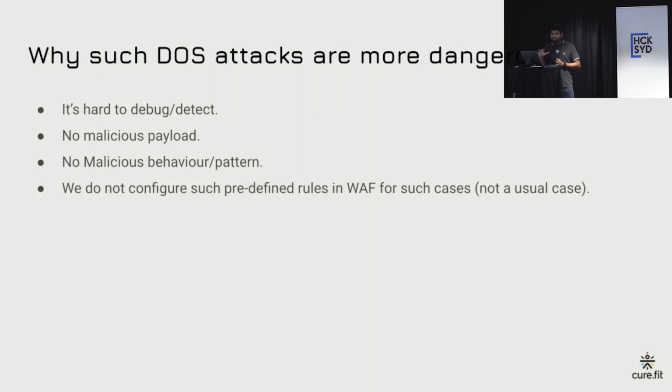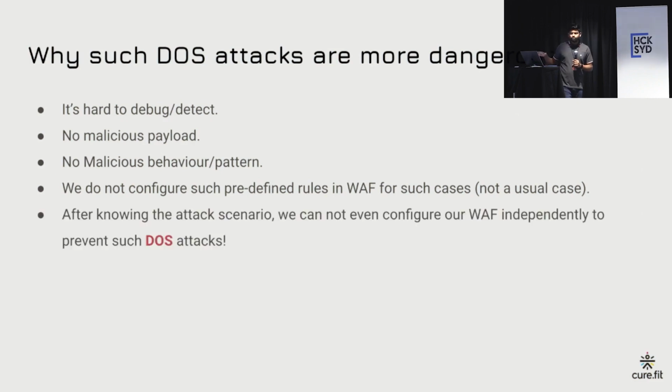For such scenarios, we don't even prepare. Maybe we can make use of certain web services, like Amazon services, and create anomaly detection, but we don't have a pre-configured rule in place inside the firewall. And even if we come to know about such scenarios, we can't put a rule in the WAF independently to avoid such DOS attacks.